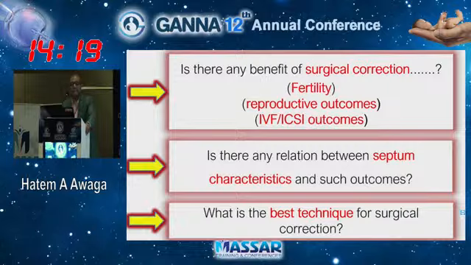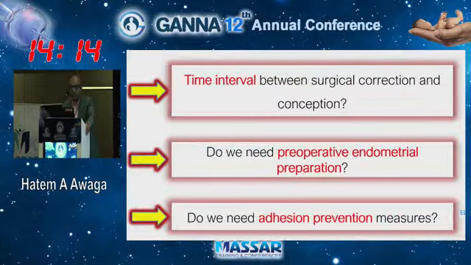What is the best technique for surgical correction of septate uterus? What is the time interval after I correct the septum, how much time should I wait before allowing the patient to get pregnant? What is the role of endometrial preparation before incision of the septum? And do we need to use adhesion preventive measures in septum treatment?